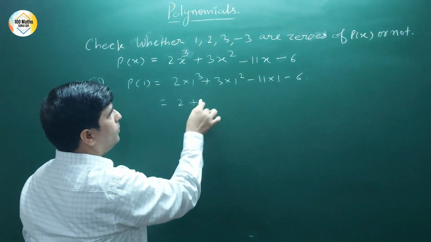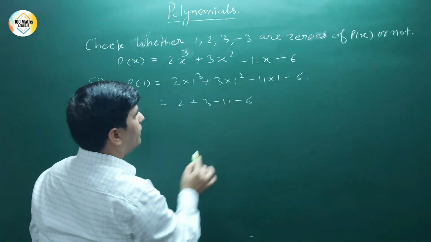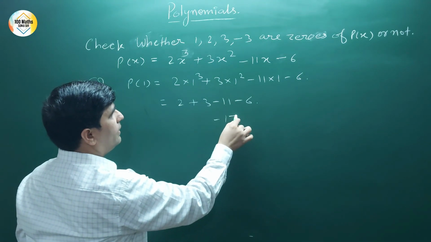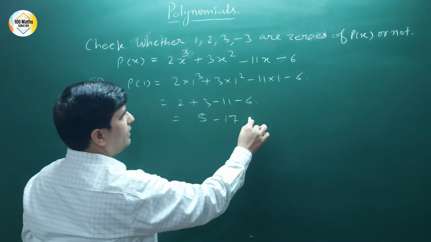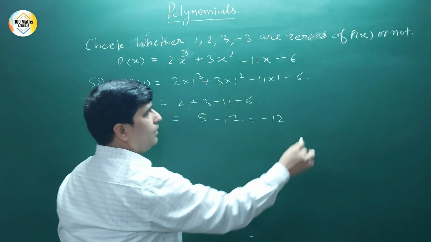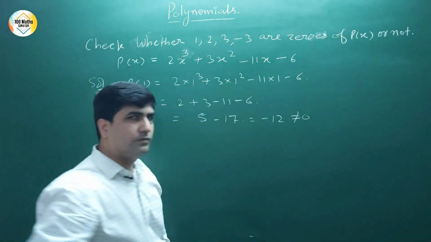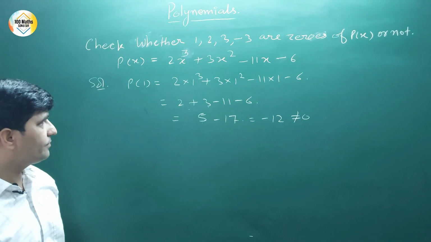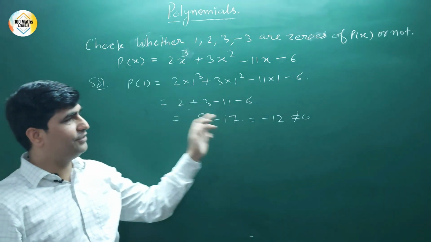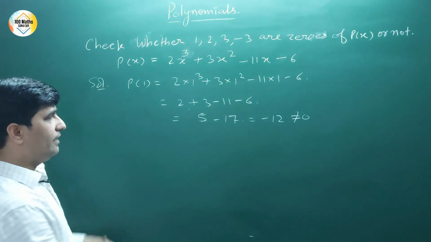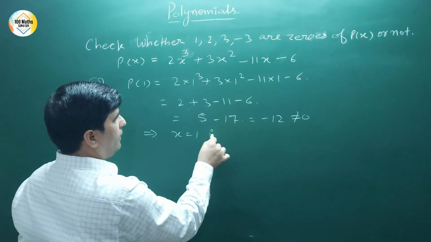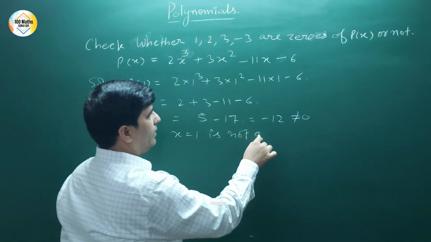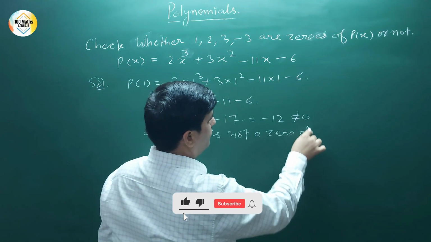What is coming? 2 plus 3 minus 11 minus 6. 11 and 6 make 17, and 2 and 3 make 5. So it is coming 5 minus 17, which is equal to minus 12, not equal to 0. So what is the answer? Can we say 1 is a zero of this polynomial? This implies x is equal to 1 is not a zero of p(x).